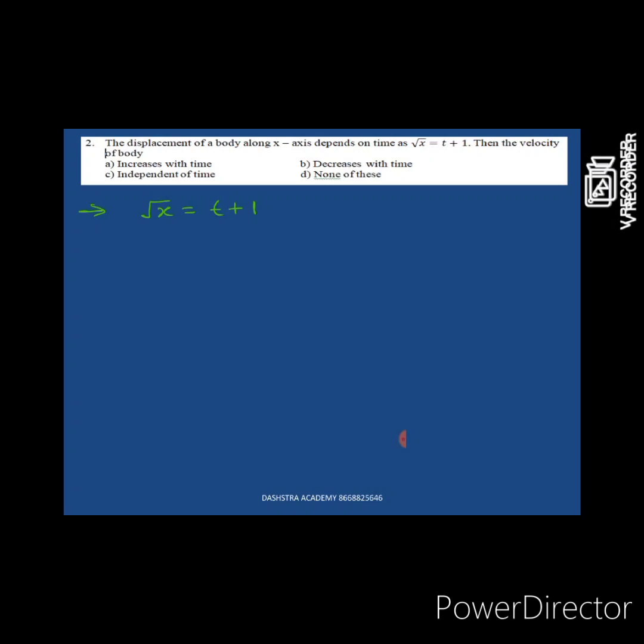Okay, so what I can do is I will square both the sides, so x will be equal to (t plus 1) whole square, and when you open the bracket this will become t square plus 2t plus 1. Now to calculate the velocity, we know that velocity is what? Differentiating displacement with respect to time.